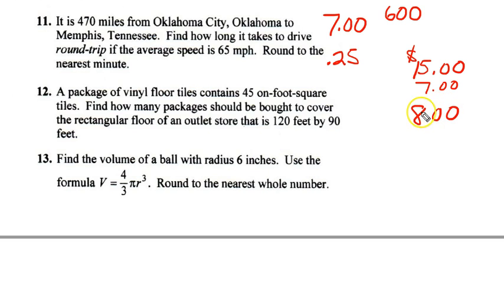Now, this $8 you have to divide now by 0.25. So let's do that. 8 divided by 0.25 is 20. You sent 20 additional messages that month.